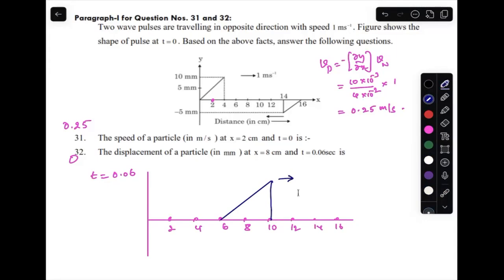But this is also going in the backward direction at a speed of 100 centimeters per second in 0.06 seconds. From here, add 14 minus 6. So where is this line positioned? 2, 4, 6, means at that instant, I'll change the color.